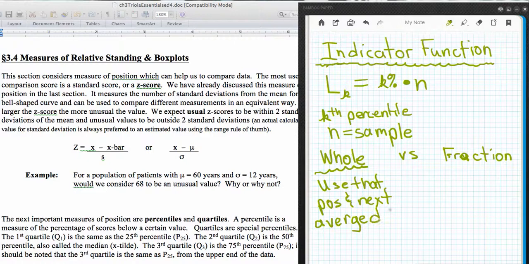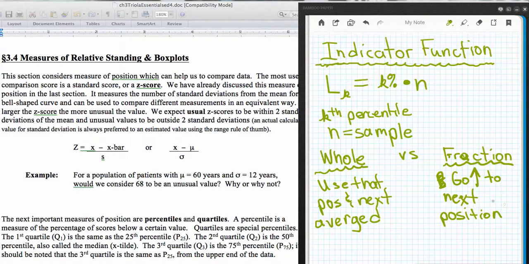And if we get a fraction or a decimal, we round up, or we go up, so it's not really a round, so we go up to the next position.